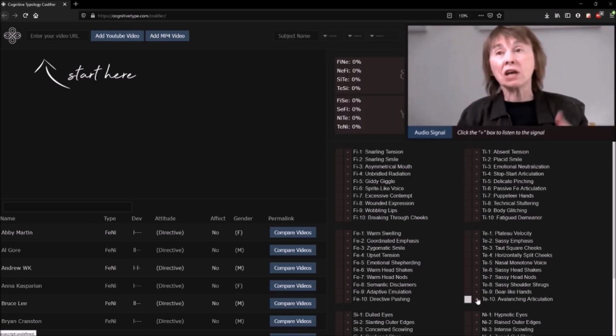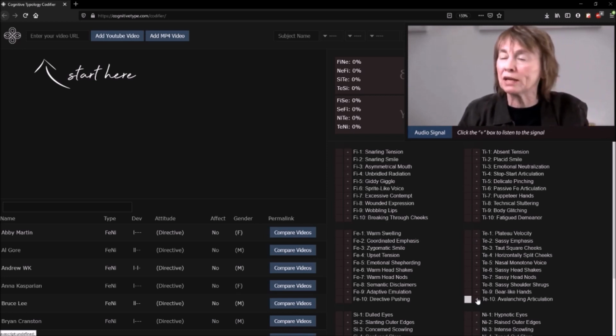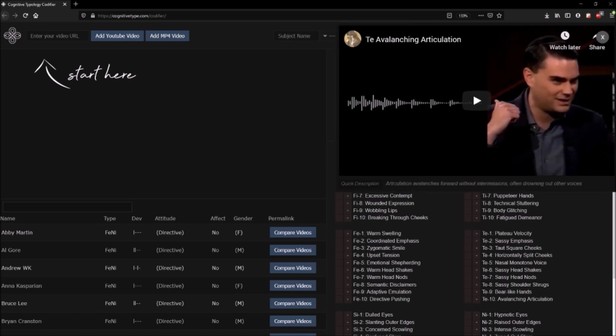And lastly, we have TE10, which is avalanching articulation. The articulation avalanches forward without intermissions, often drowning out other voices. So this refers to the way that TE not only gesticulates, but articulates with such a plateau velocity and continuity that it basically bulldozes forward without really taking a break or pausing in between.